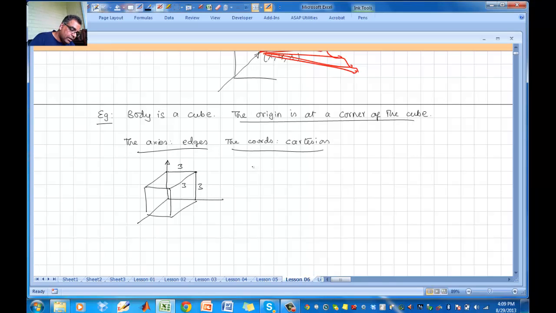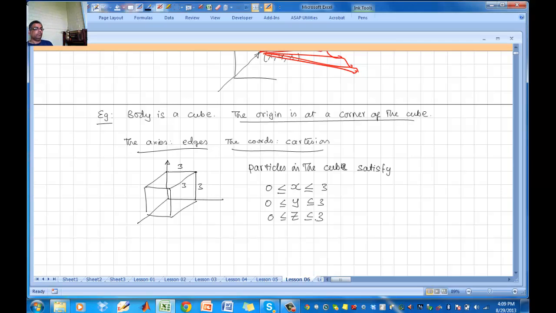So the cube is defined by particles that satisfy x lying between 0 and 3, y lying between 0 and 3, z lying between 0 and 3. So now I have defined the body.